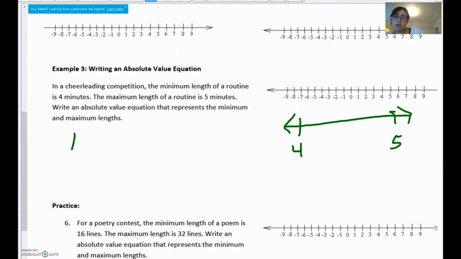So we're going to set up our absolute value equation with an x, a minus b that we have to find, and c that we have to find.